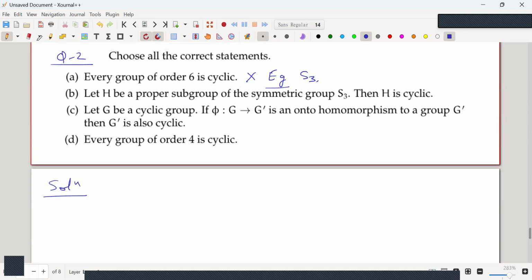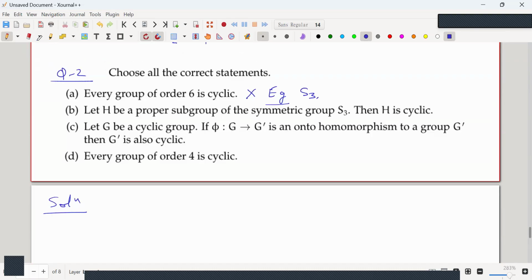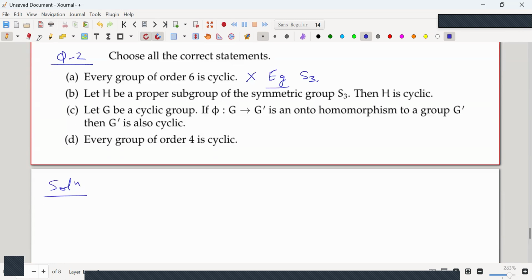But here we don't want to solve it by Lagrange theorem because that will come later. Till assignment 2, we have no idea about Lagrange theorem. So here by case thing, you can do that. So this is also correct. You just need to check.